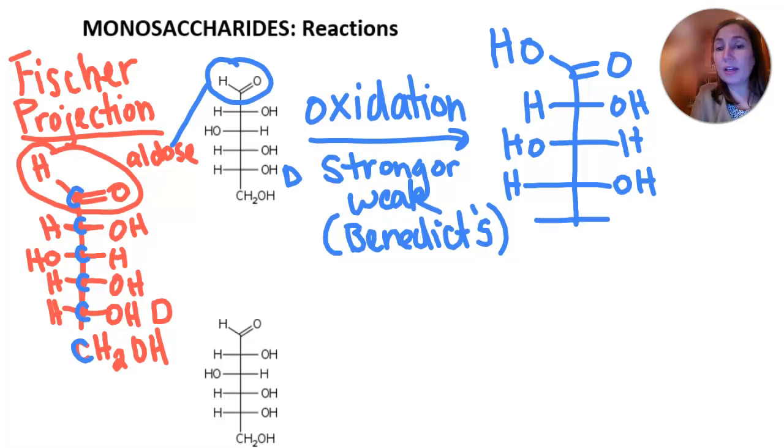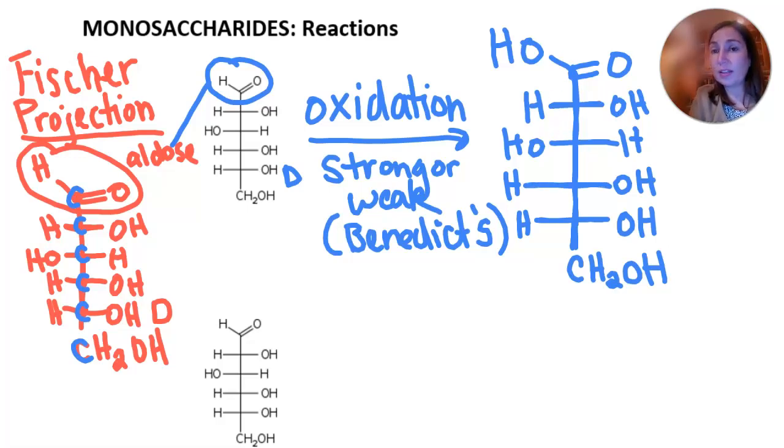So we got our vertical line, and then we draw our horizontal lines across that with OH on the right, left, right, right, CH2OH. So again, we got our vertical line here. We got our horizontal lines to show where we're going to have carbons at each intersection. We have C double bonded to an O with an OH first. Then we have, as we go down, OH on the right, left, right, right, CH2OH.